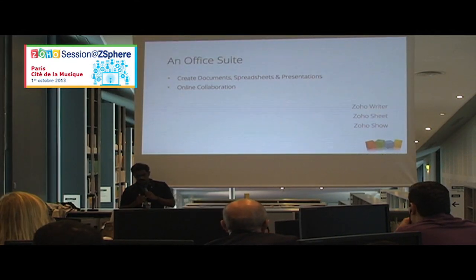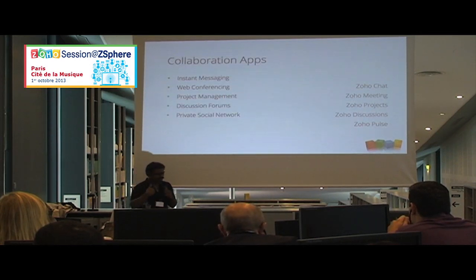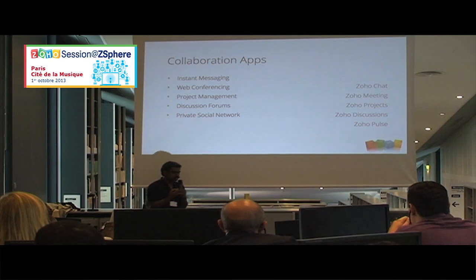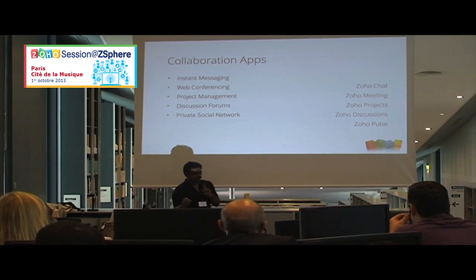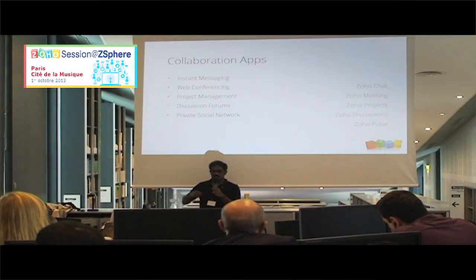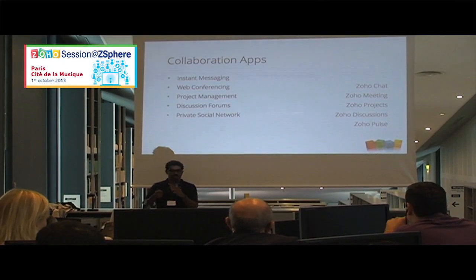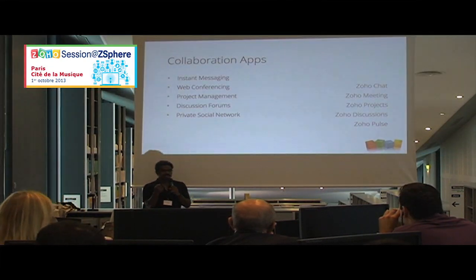Then document management is one part. We talked about something like an office suite. And there are many other collaboration applications that you would need, like instant messaging. You could be on the Zoho network. Maybe your customer could be on Skype, or they could be on Google Talk, or maybe Yahoo, AOL, it doesn't matter.